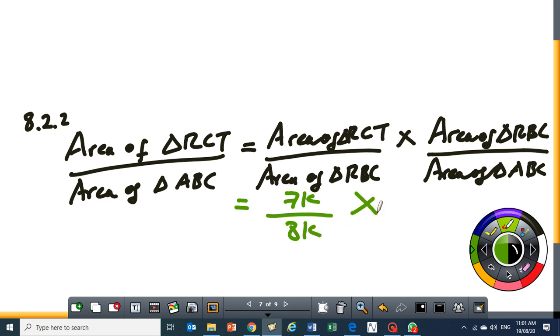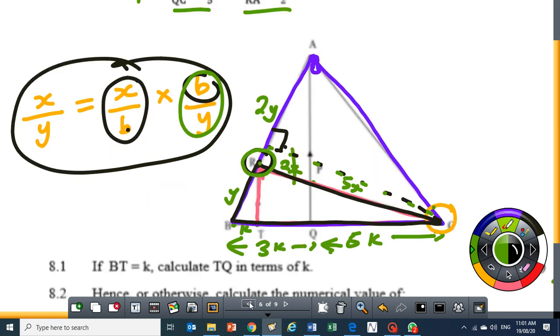Times. Now, the area of RBC divided by the area of triangle ABC, they share a common height. And that common height is from here to the vertex there. Okay? So what will be the base for RBC? The base for RBC is going to be BR. So we put Y here.